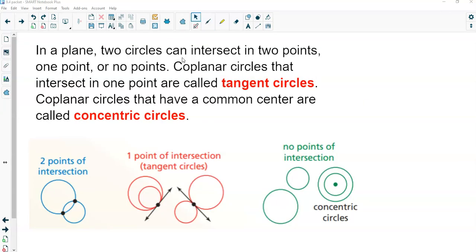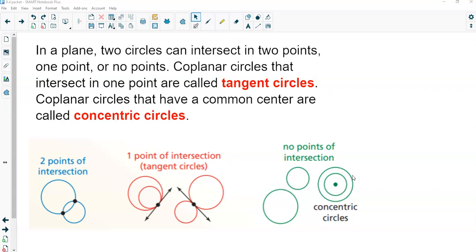In a plane, two circles can intersect in 2 points, 1 point, or no points. Coplanar circles that intersect in 1 point are called tangent circles. Examples of that are right here. You see, these are tangent circles. They intersect at 1 point. Coplanar circles that have a common center are called concentric circles.